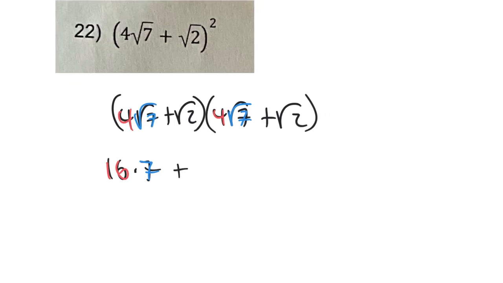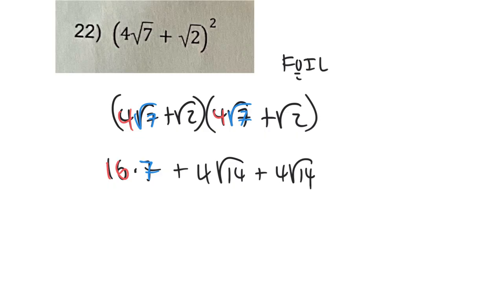Then we have plus 4 radical 14. That's a result of the O in FOIL, right? The 4 radical 7 times radical 2 becomes that. The I in FOIL would give us 4 radical 14, and the L in FOIL would give us a 2. 16 times 7, rather, is 70 plus 42, which is 112.